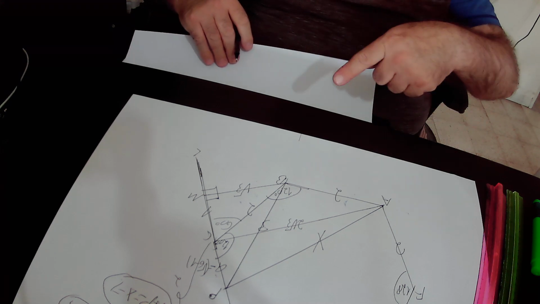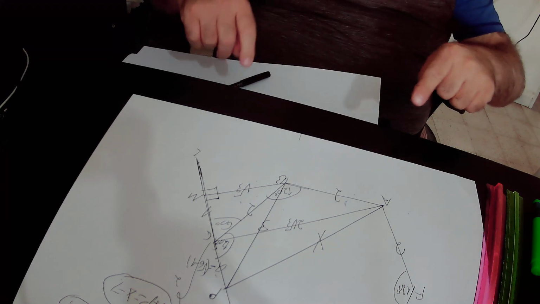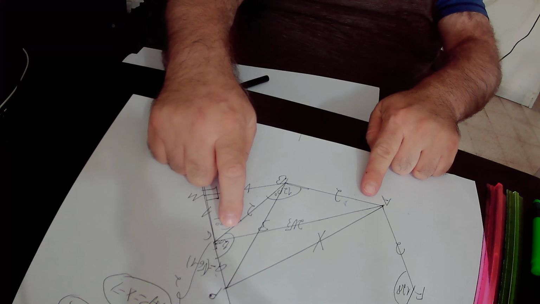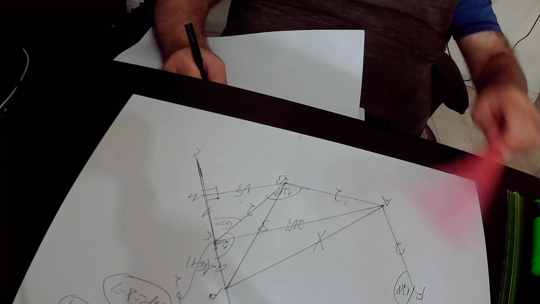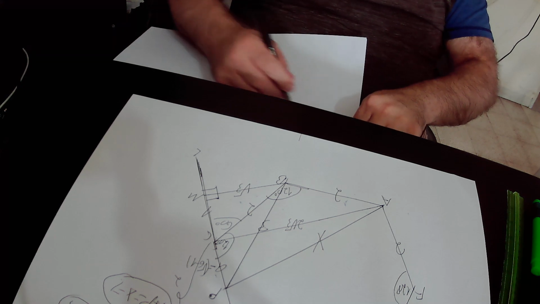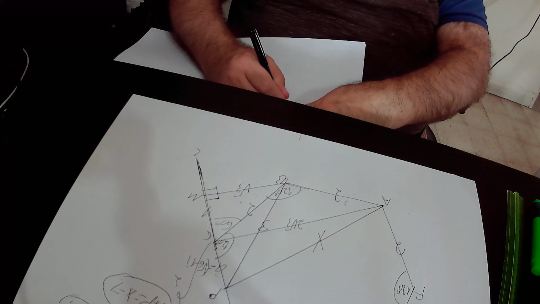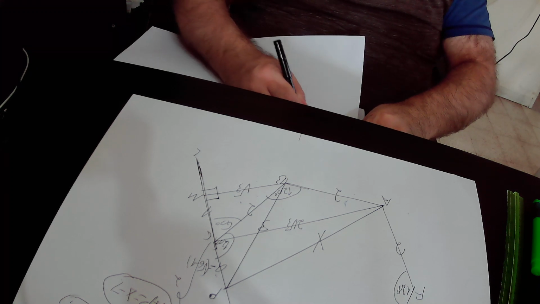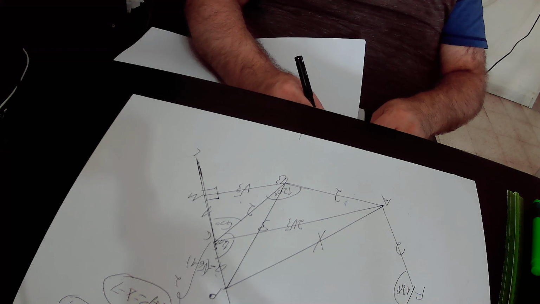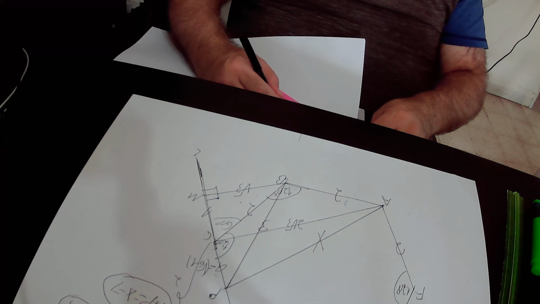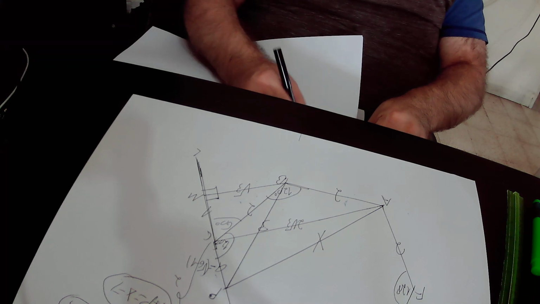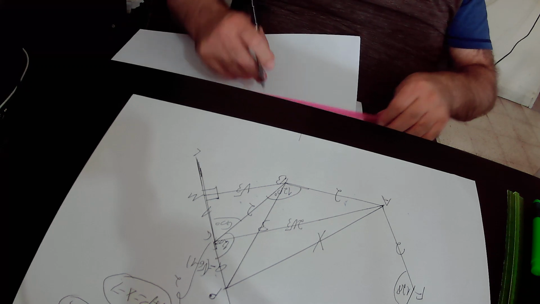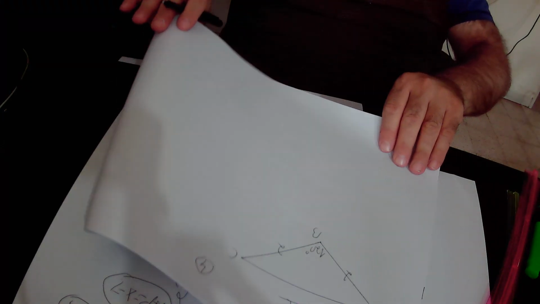I will copy again triangle ABC in order to find out the value of those two angles. So this is triangle ABC that I copied from the original drawing.